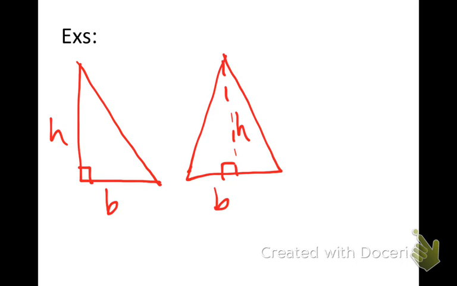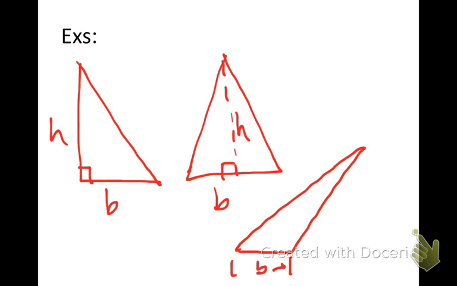This is base. And then if you have an obtuse triangle, it's a little bit different. For an obtuse triangle, if we drop the altitude from this vertex, my altitude is actually outside of the triangle. It's perpendicular to the line that is an extension of the base. So that's the height.